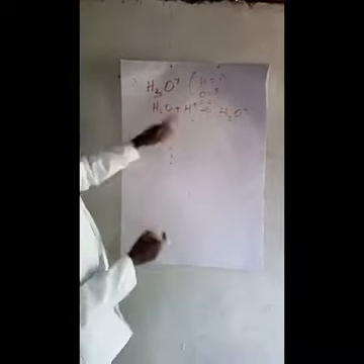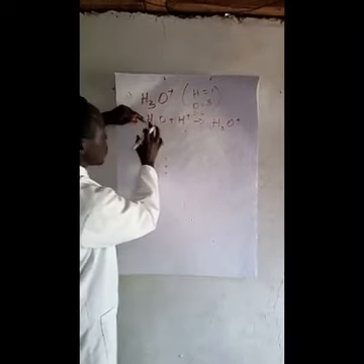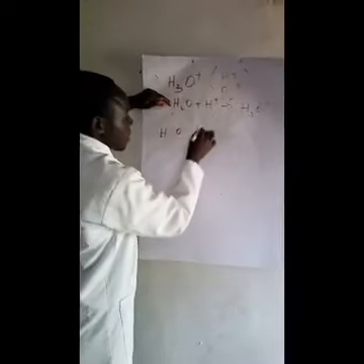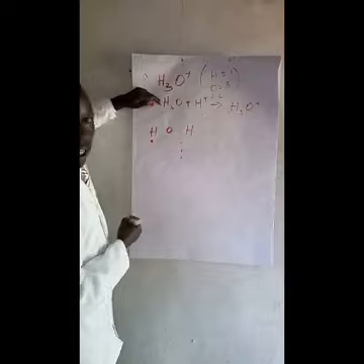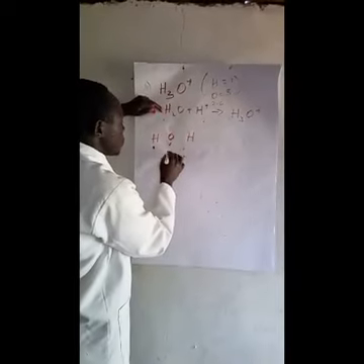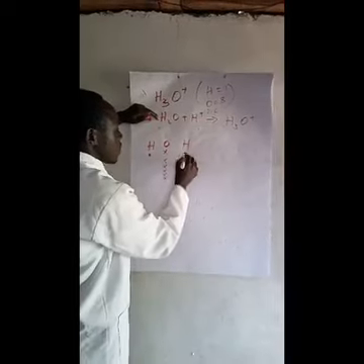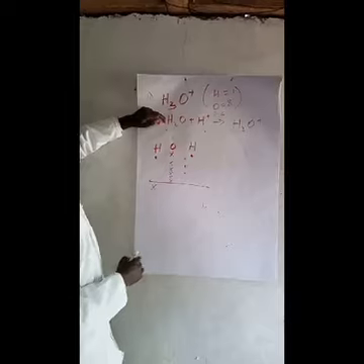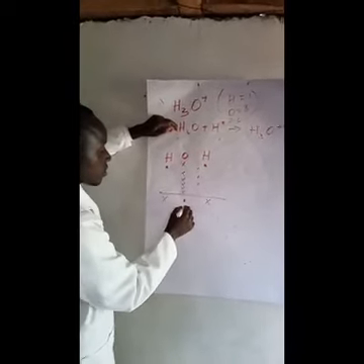We begin with this. You have two hydrogens, with oxygen in the middle. This is 1 dot for hydrogen. For oxygen, 1, 2, 3, 4, 5, 6. As we have said, each hydrogen requires 1x and oxygen requires 2 dots.